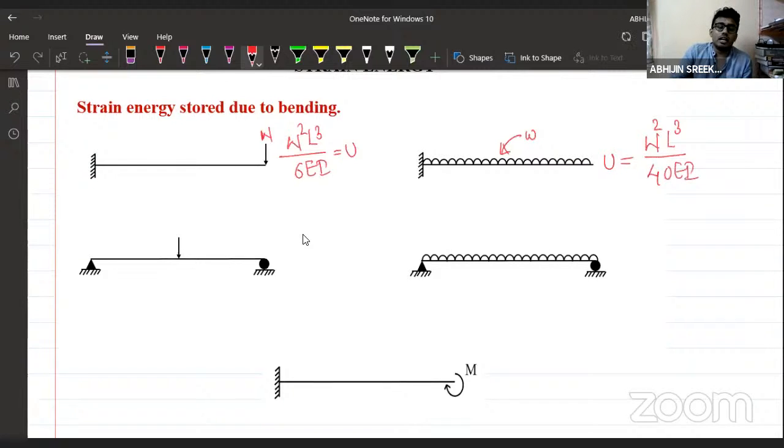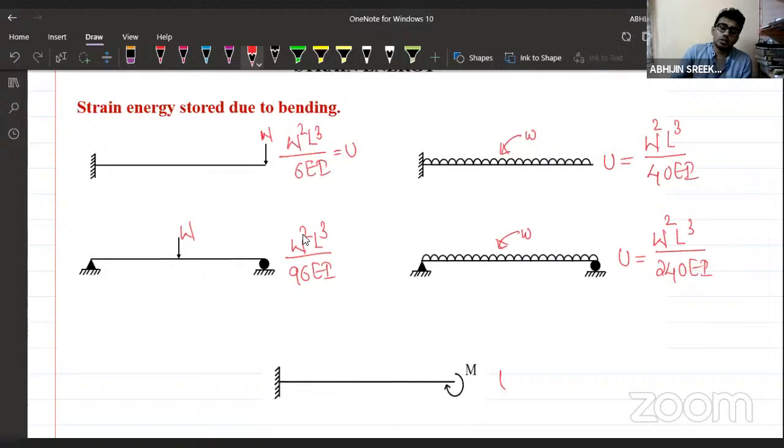Very good. And here also, if it is W, strain energy stored will be W square L cube divided by 96 EI. Here, the intensity is small w, the equation will be W square L cube divided by 240 EI.